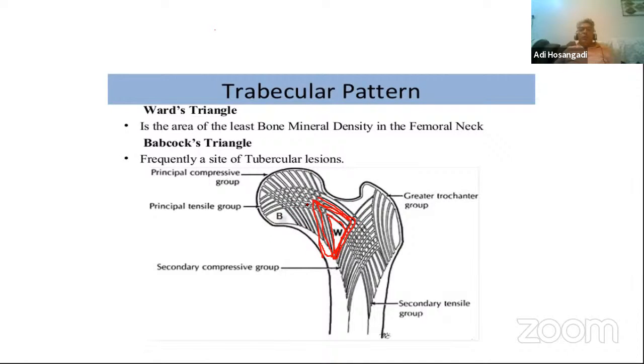When the trabeculae start disappearing, this clear zone is widened. Widening of the Watt's triangle is seen in osteoporosis. Babcock's triangle is a small inferior triangle in the femoral epiphysis, which is a common site of tuberculosis origin in the hip. For that, I have one more slide to show you.